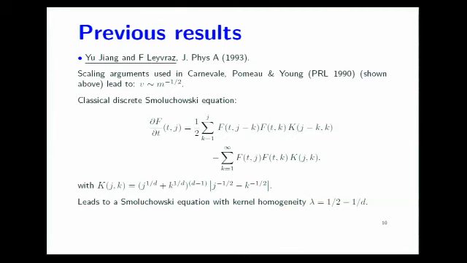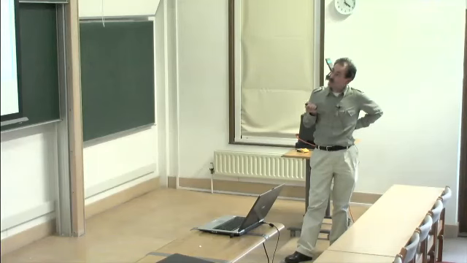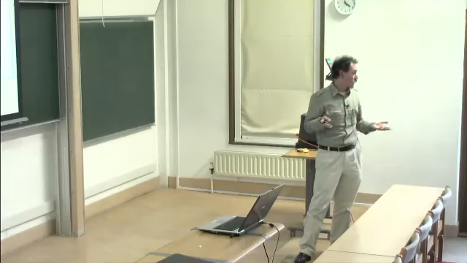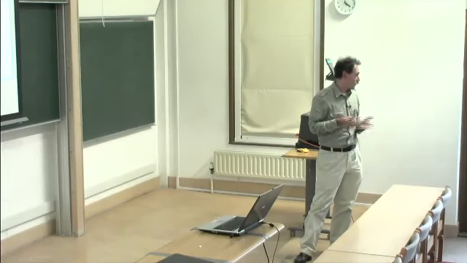The first one I would like to quote is the work by Zhang and François Leyvraz in '93. They use the arguments by Carnevale et al., where they suppose that the velocity of the particles scales like m to the minus 1/2 of the mass. And then they use the classical Smoluchowski coagulation equation.